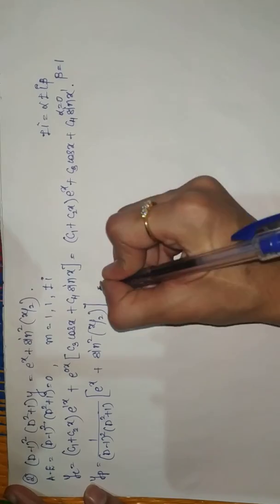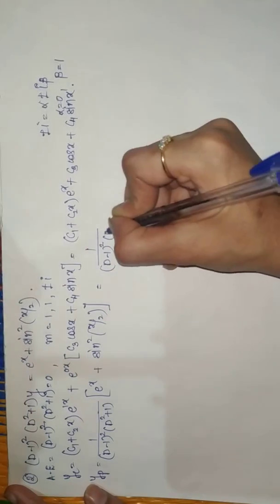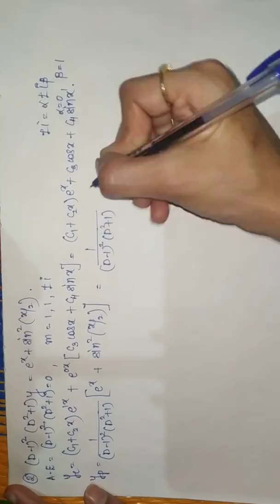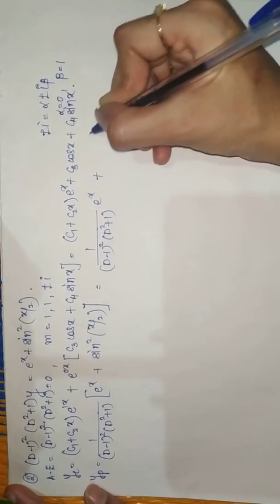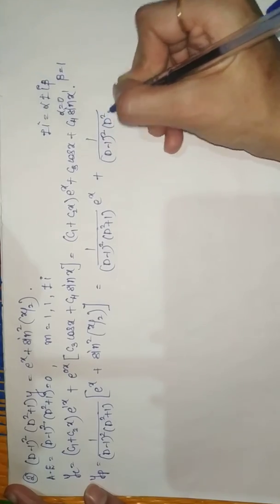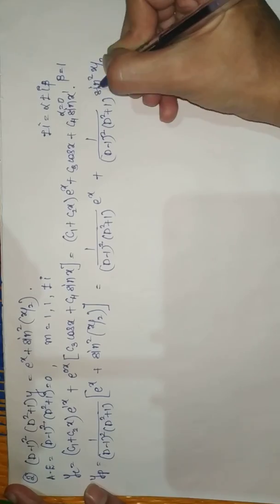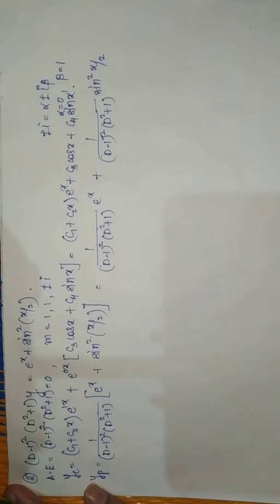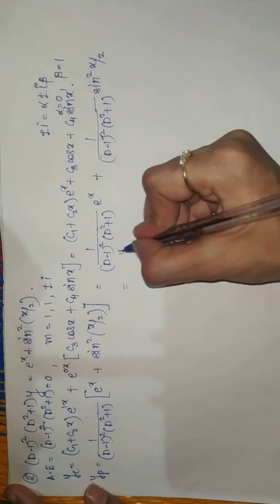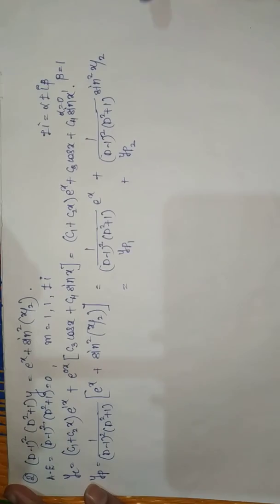So now we can rewrite this as 1 upon (D minus 1) the whole squared, (D squared plus 1) e to the power x, plus 1 upon (D minus 1) the whole squared, (D squared plus 1) sin squared of x by 2. Okay, so now again say this as yp1, say this as yp2 and solve it separately.